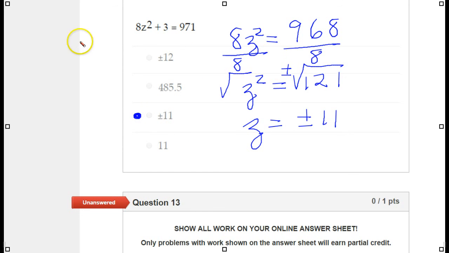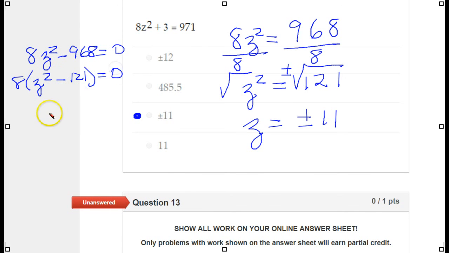Now, you could have put this in this form: 8z squared minus 968 equals 0. Factored an 8 out of each one. Get z squared minus 121 equals 0.